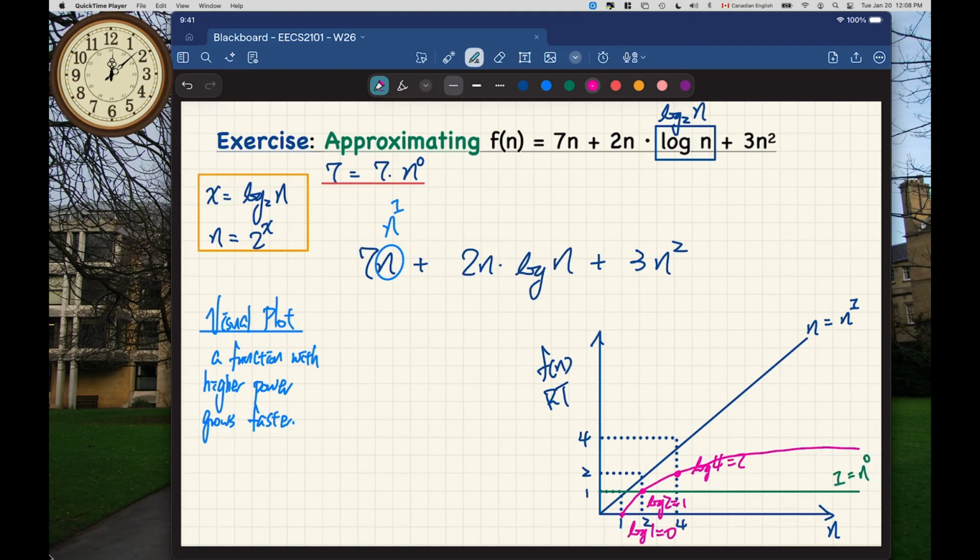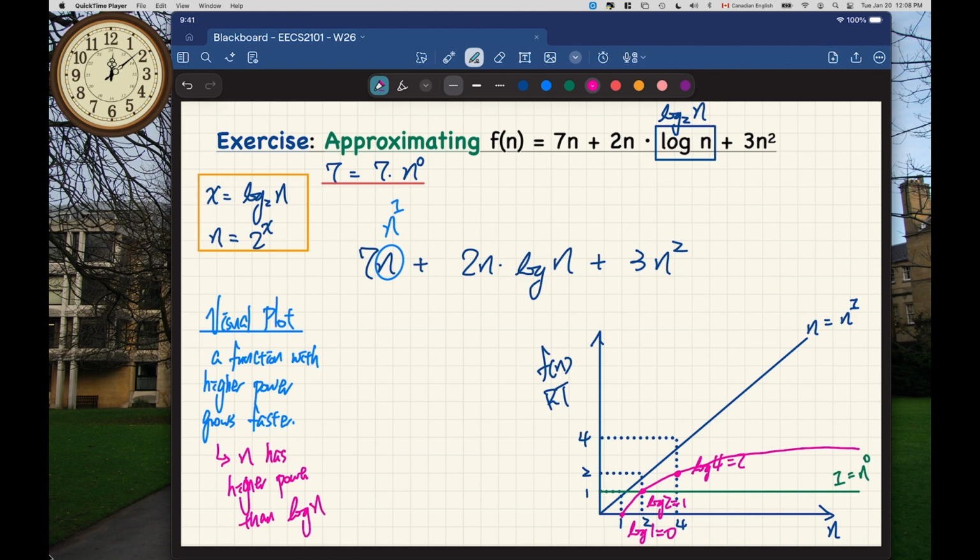So this tells us that log n has lower power. Let me put it the other way: n has higher power than log n. We'll see another more complete plot, but I think that this one might be just worth doing from scratch.